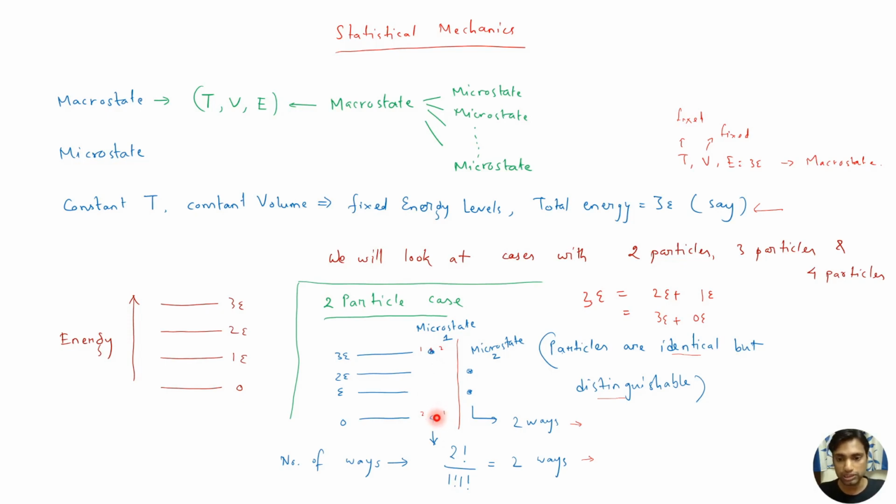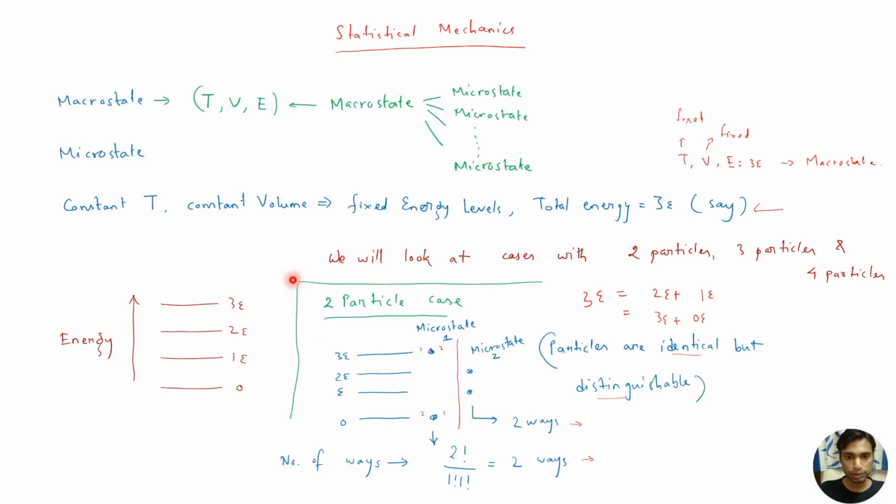We have a way to distinguish them, and classical particles are always distinguishable. So how many ways can these two particles fill these two energy levels? It is like putting two balls in two different boxes, one particle in each box, so it is 2 factorial by 1 factorial 1 factorial. So this microstate can be attained in two ways, and the other microstate similarly in two ways.